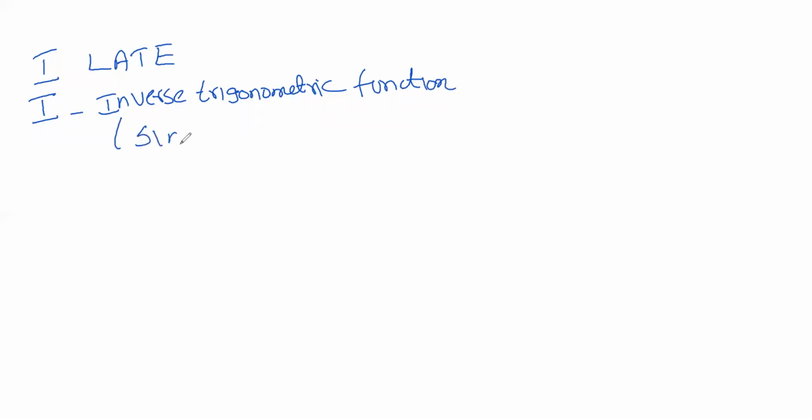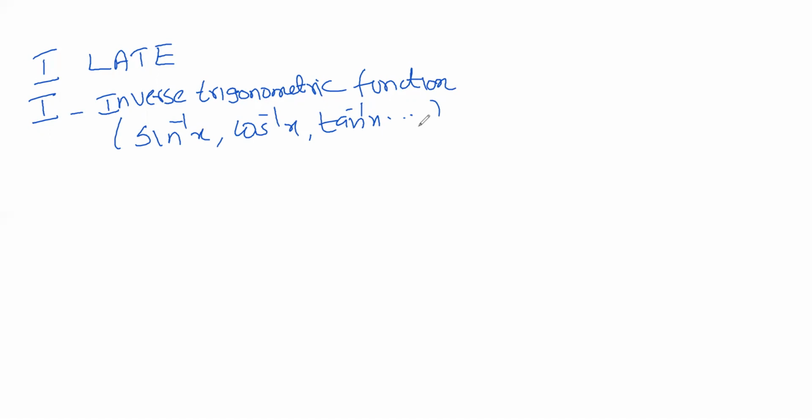I means inverse trigonometric function. Do you know what inverse trigonometric functions are? They are sine inverse x, cos inverse x, tan inverse x, etc. All these are known as inverse trigonometric functions.